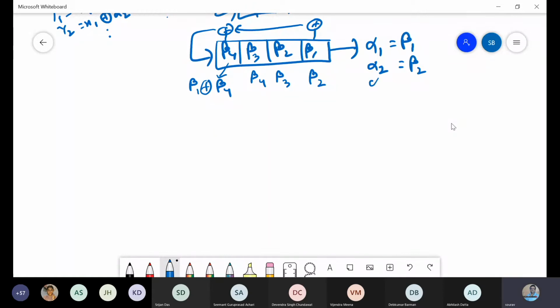Now what about alpha 3? Beta 3. Thank you. Alpha 4? Beta 4. Now tell me alpha 5. That is more interesting. Beta 1 XOR beta 4. Now alpha 6.